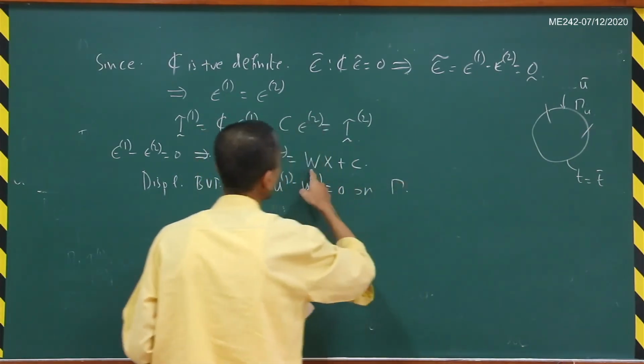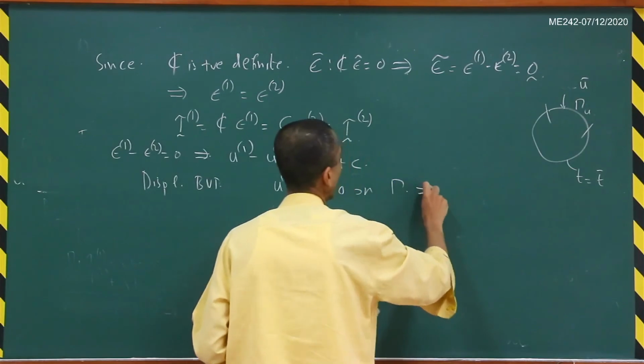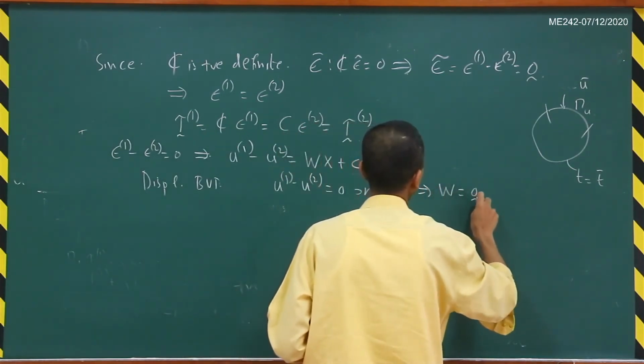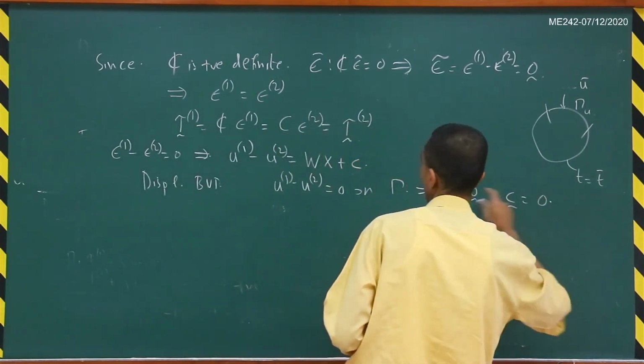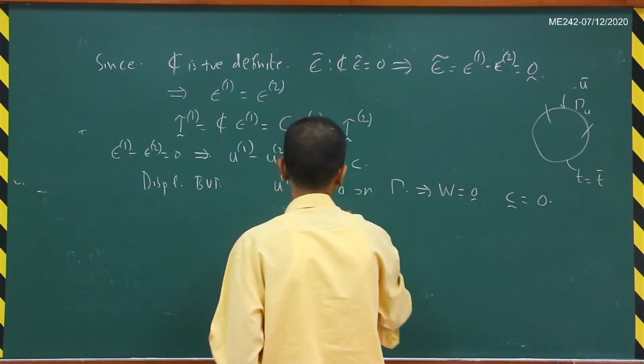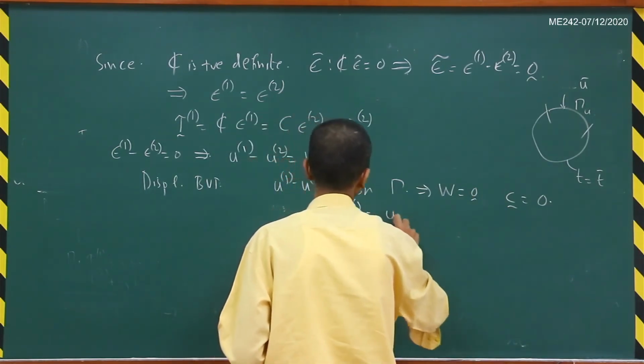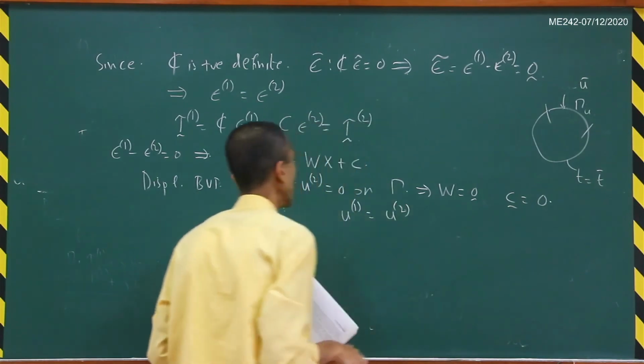Right? And so this implies that W is 0 and C is also 0. Okay? And so in that case you will get uniqueness, U1 is equal to U2.